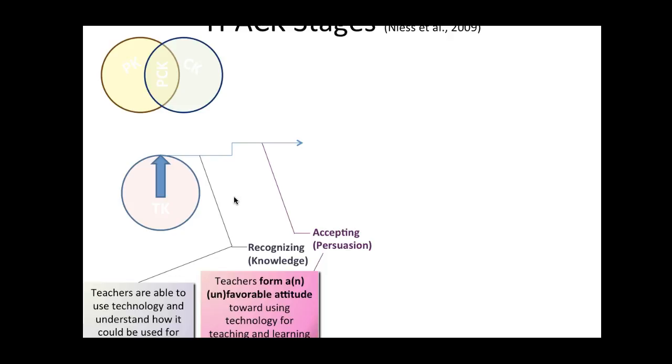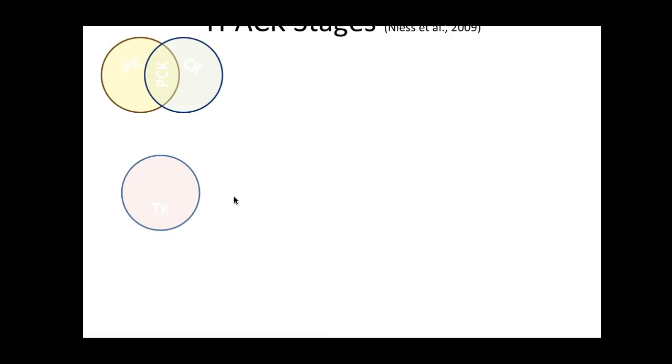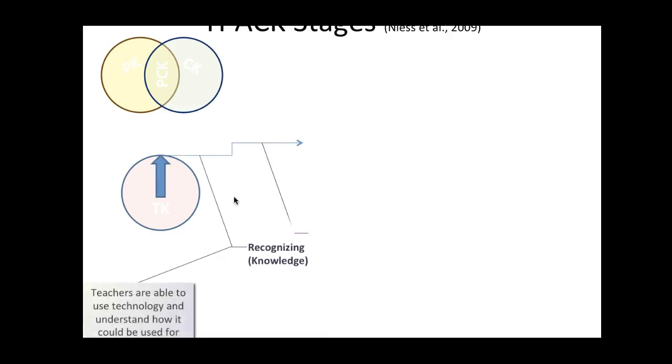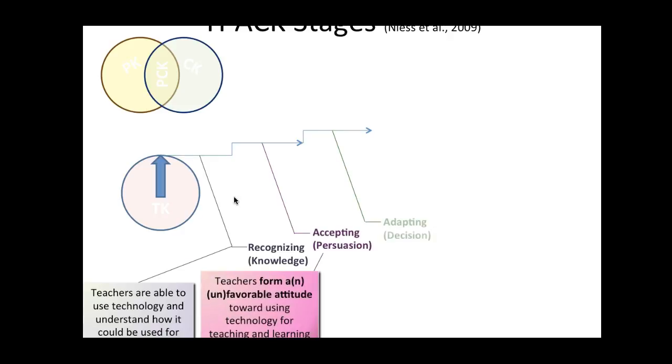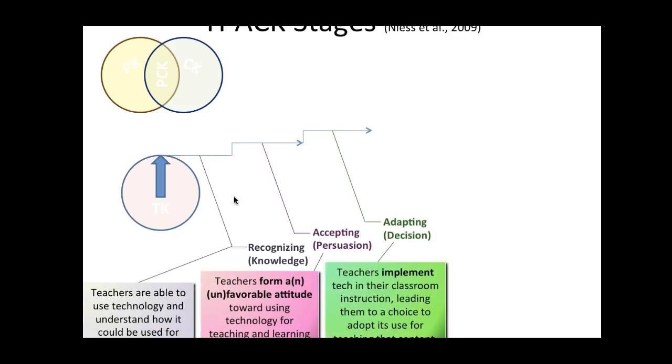Teachers can recognize that it is a skill, but if they have a favorable or unfavorable attitude, that will basically decide how they're going to interact with all this going forward. It is one of the most frustrating things we can do, because if we have a favorable attitude, we implement tech in our classroom.